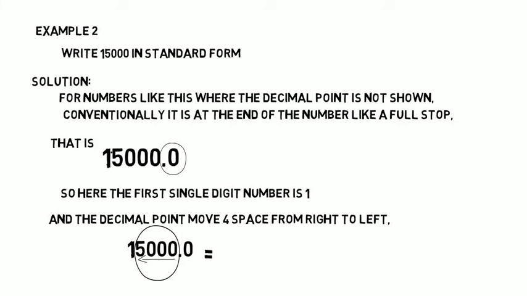So the number in standard form will give us 1.5 times 10 raised to power 4. If you convert this back to our normal figure, it will give us 15,000, because moving back from left to right 4 spaces gives us 15,000.